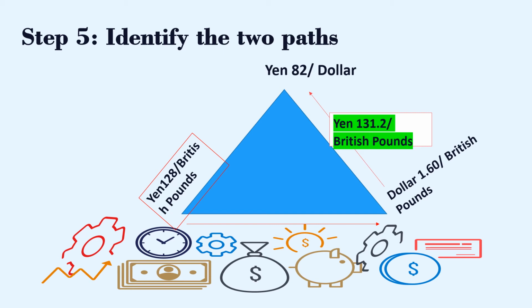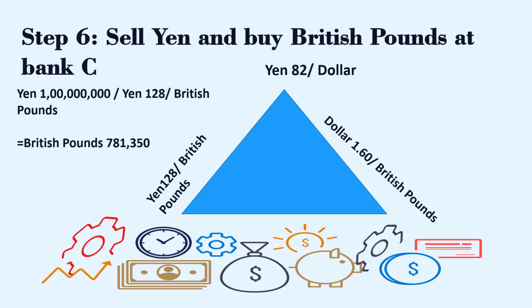Either we go from Bank C to Bank B and Bank B to Bank A, or we go from Bank C to Bank A and Bank A to Bank B. We have two paths. Now we have to decide which path to consider, and we consider Bank C to Bank B and Bank B to Bank A.